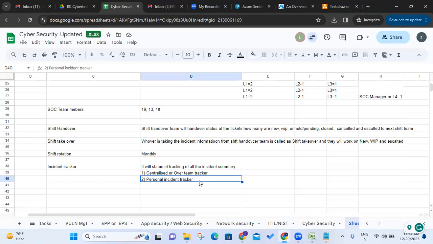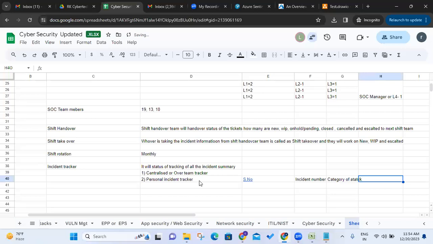In that incident tracker, exactly what information do we have to fill? Serial number. Next one is incident number. Next, type or category of the attack. Next, subcategory.